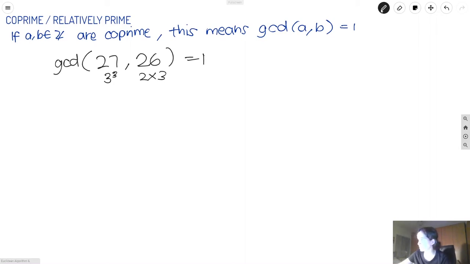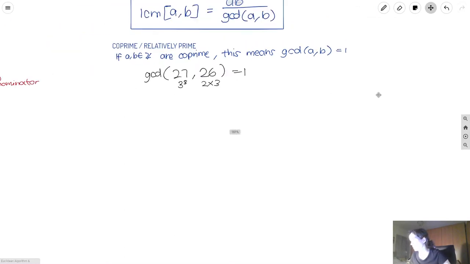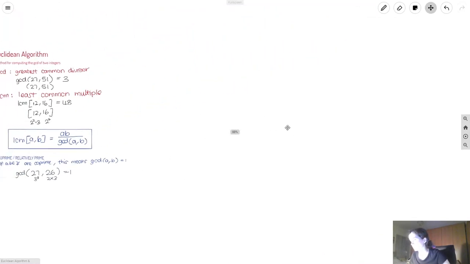Okay, so now for the method for the Euclidean algorithm.